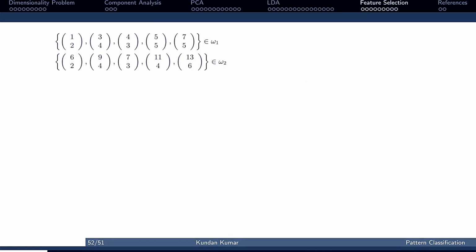So, in this problem we have given two sets of feature vectors, that is D1 and D2. The set of feature vectors D1 belongs to class omega 1 and the set of feature vectors D2 belongs to class omega 2.